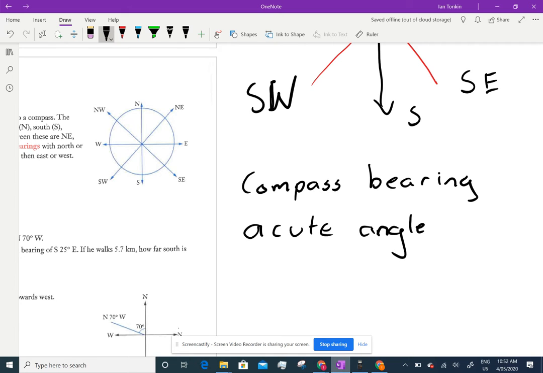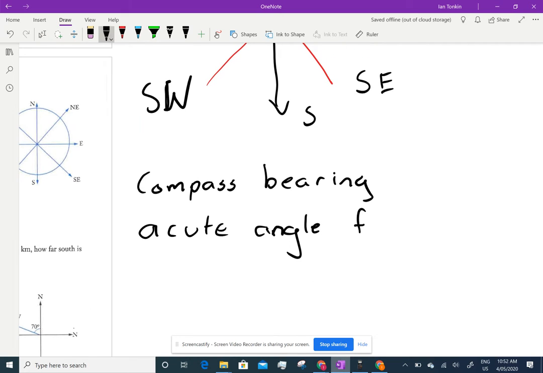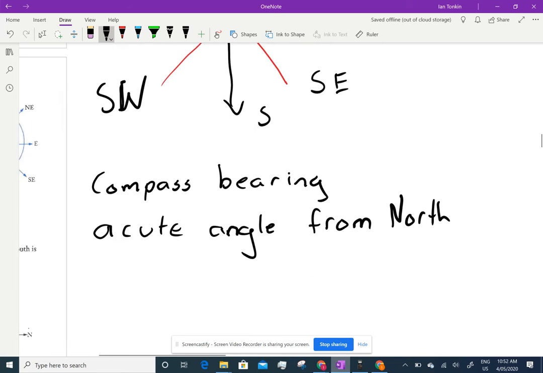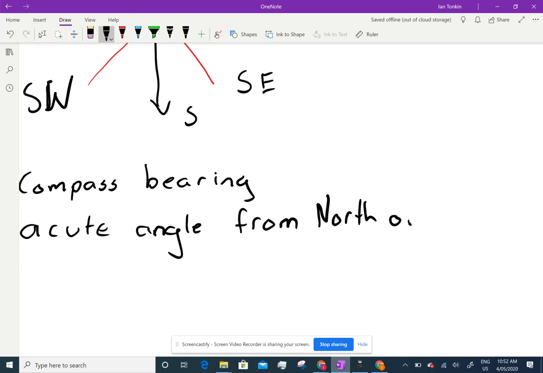So you write an acute angle from north or south, going east or west. But use a capital for my east.